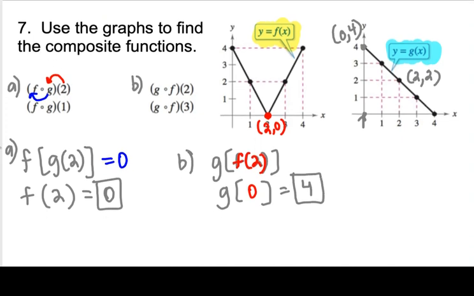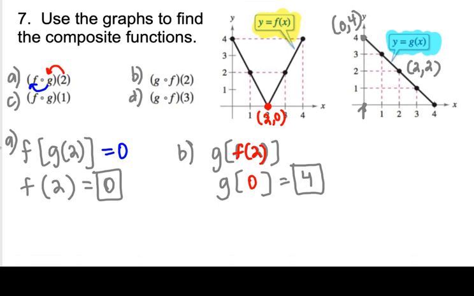Most excellent. Okay, you try C and D and see if you think you've got it. So make sure you press pause, give it a try, and then come back. Okay, for C, long story short, f of g of 1, I got a 2.